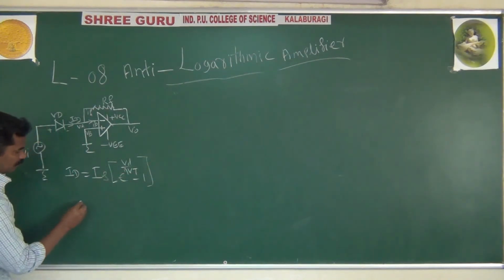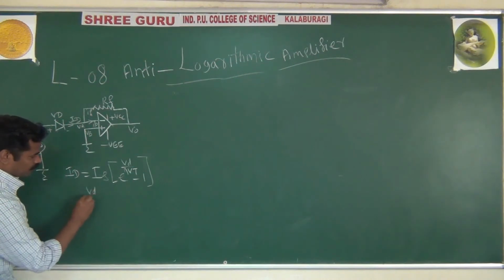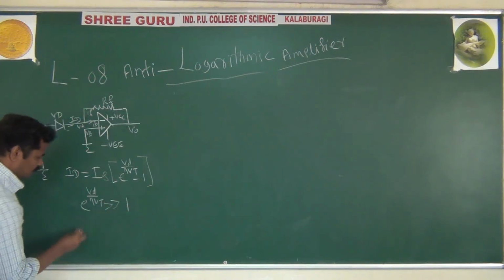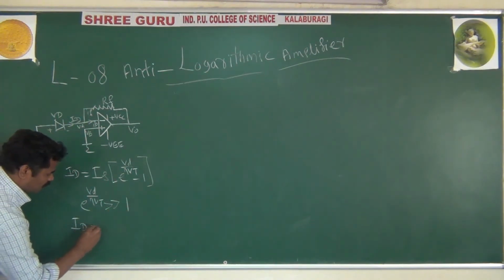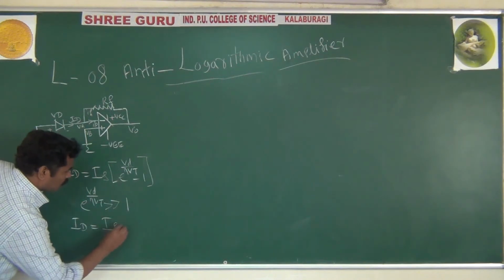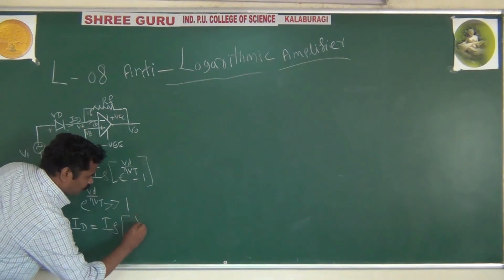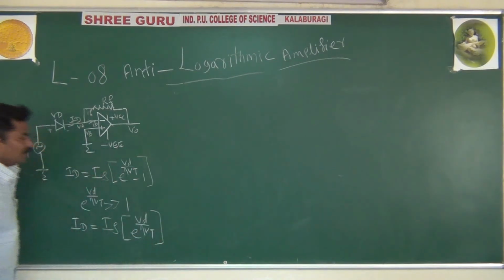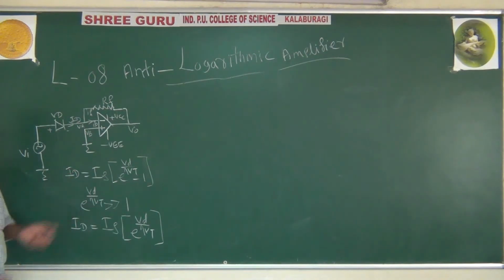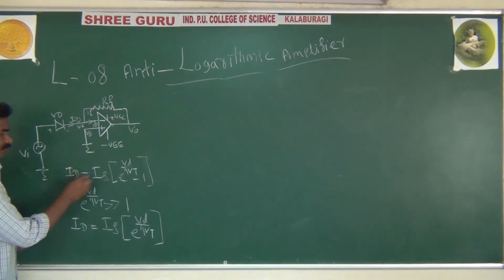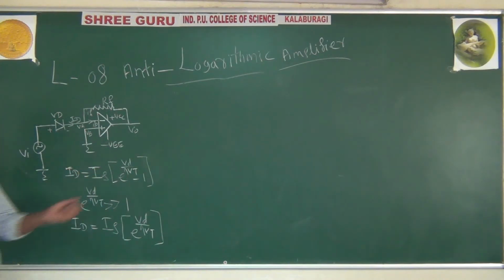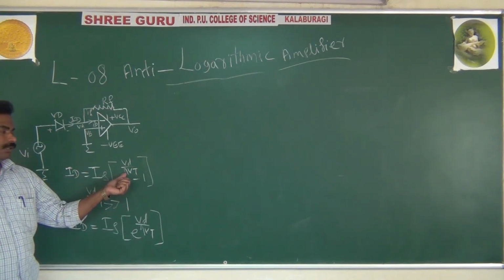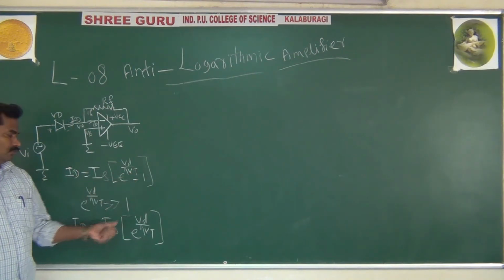Because e raised to VD by eta VT is much more than 1, we can write ID equal to IS into e raised to VD by eta VT. Here ID is the diode current, IS is the reverse saturation current, VD is the voltage across the diode, eta is the emission factor, and VT is the thermal voltage.